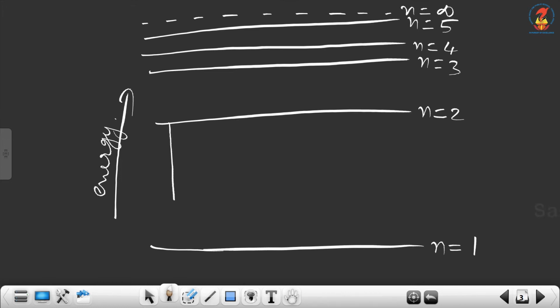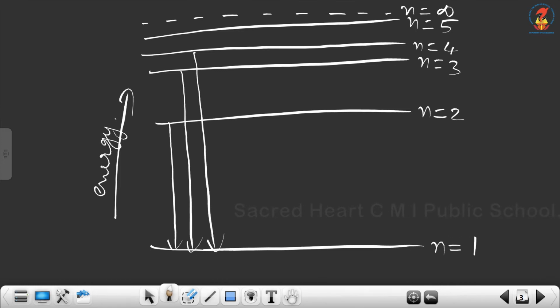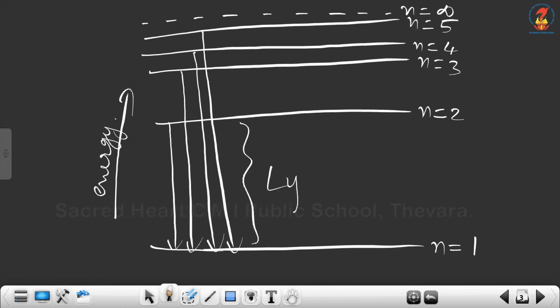So from n equal to 2 the radiations can be emitted, from n equal to 3 it comes to n equal to 1, from n equal to 4 it comes to n equal to 1, n equal to 5 it comes to n equal to 1. So this is the Lyman series.